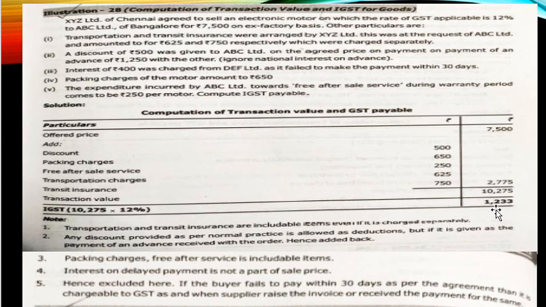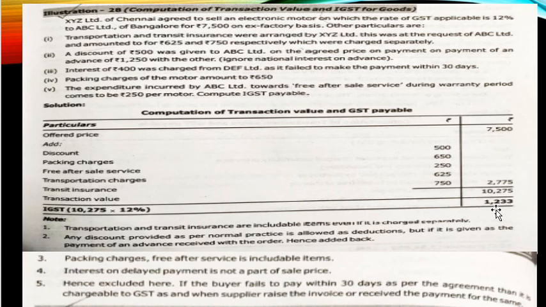Interest on delayed payment is not a part of sale price. Yes, it is not part of the selling price here, as it is interest which is charged on the delayed payment. So it is not the expense which is to be incurred with the selling price or the agreed price at which the asset is sold. Then it is excluded here.